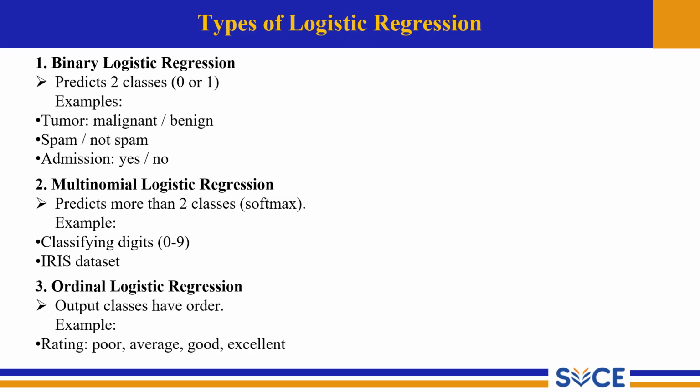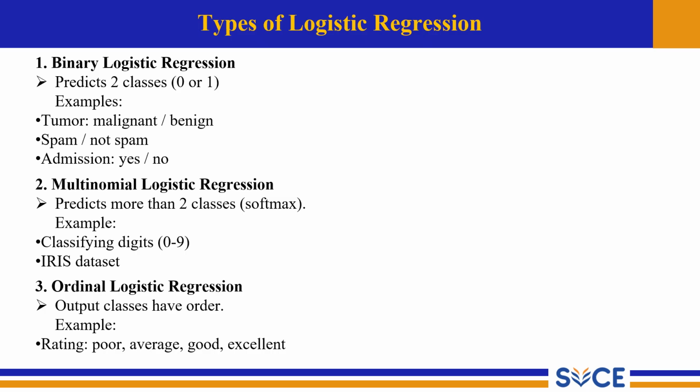The next one is multinomial logistic regression. This is an extension of logistic regression which is used when we need to predict more than two classes. Instead of using the sigmoid function, multinomial logistic regression uses the softmax function, which converts the output into probabilities that sum to 1 across all classes.